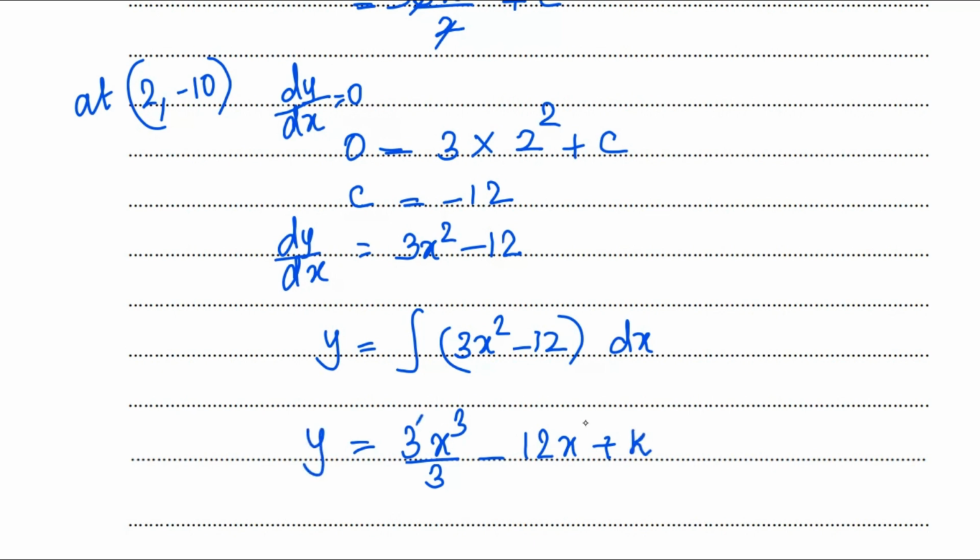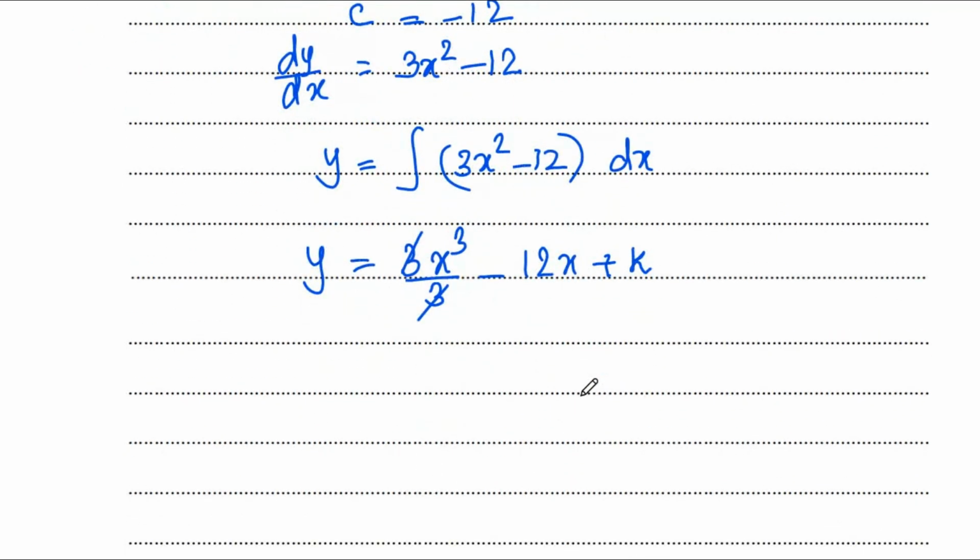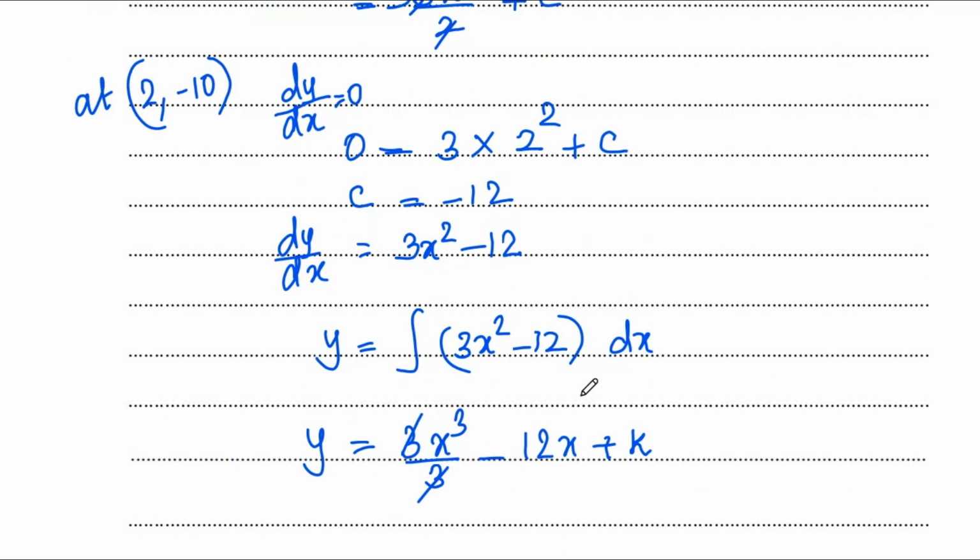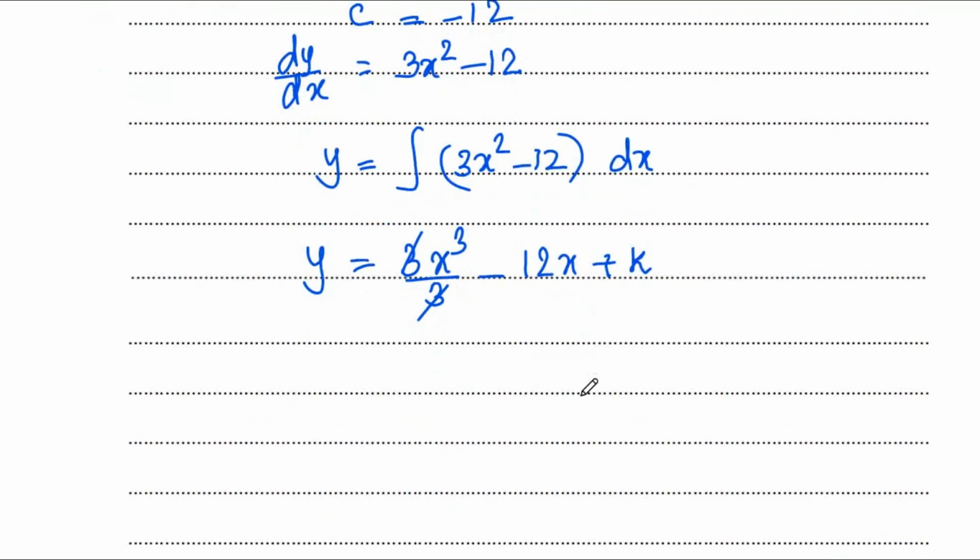Okay, so let's cancel these two. To find the constant value k, let's substitute the point (2, negative 10). Y is negative 10 equals 2 cube minus 12 times 2 plus k.